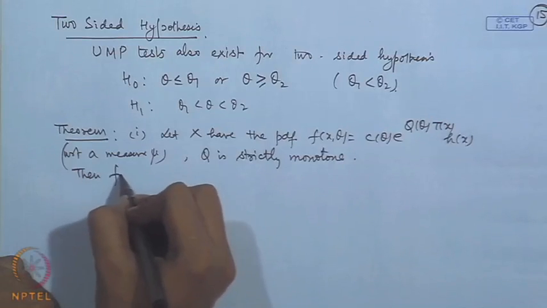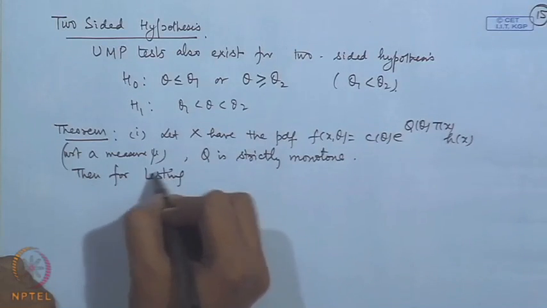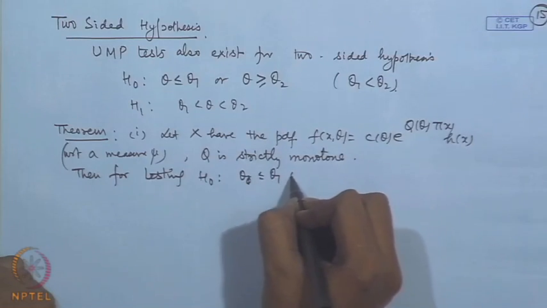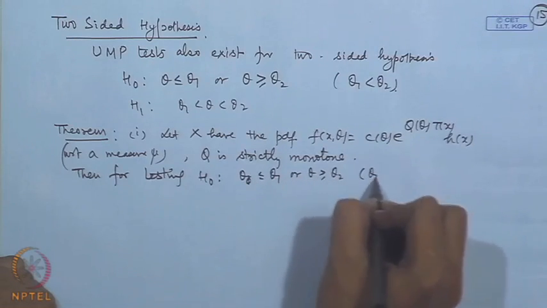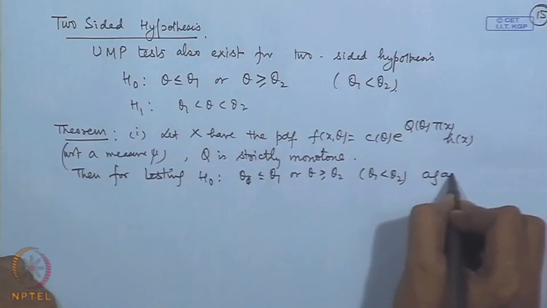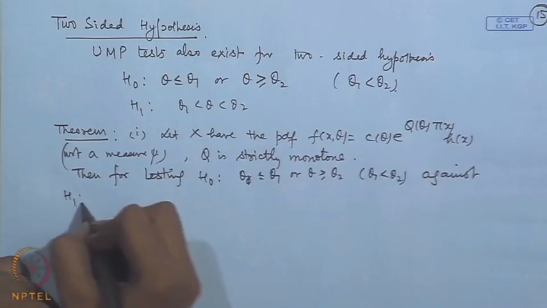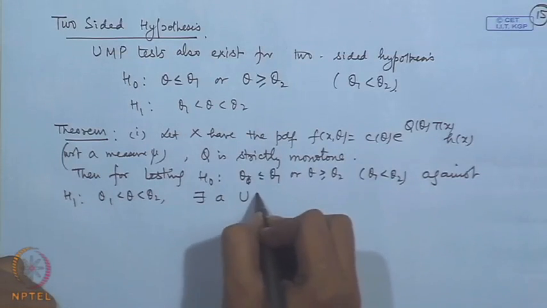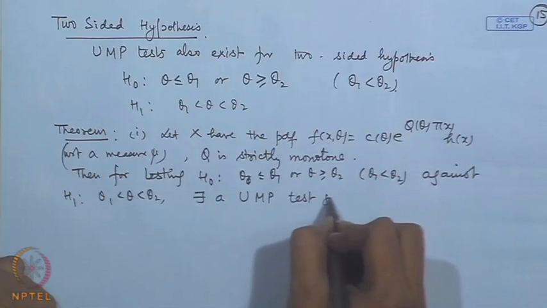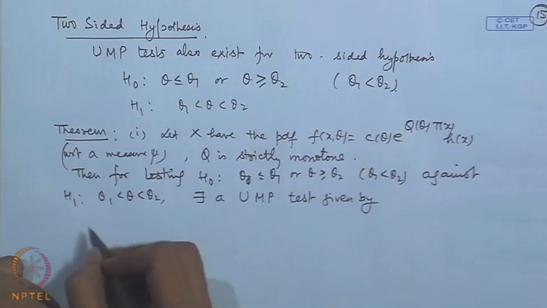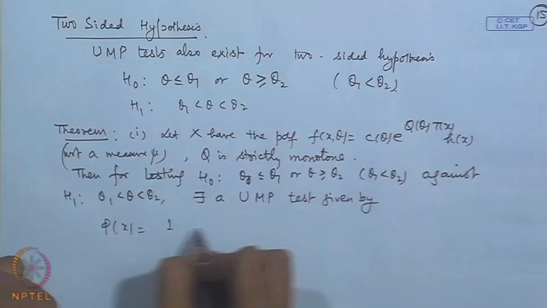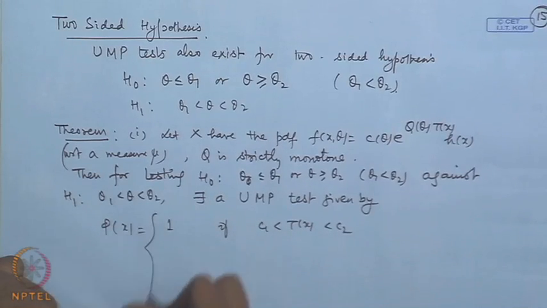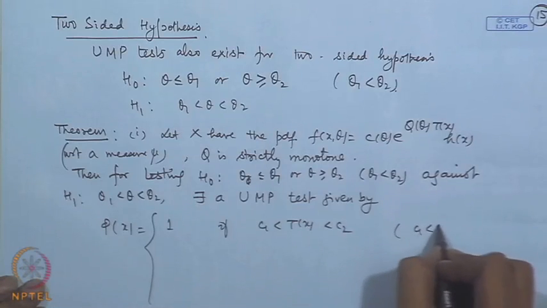Then for testing theta less than or equal to theta 1 or theta greater than or equal to theta 2, where theta 1 is less than theta 2, against the alternatives theta 1 less than theta less than theta 2, there exists a uniformly most powerful test. Of course, here again C 1 has to be less than C 2.